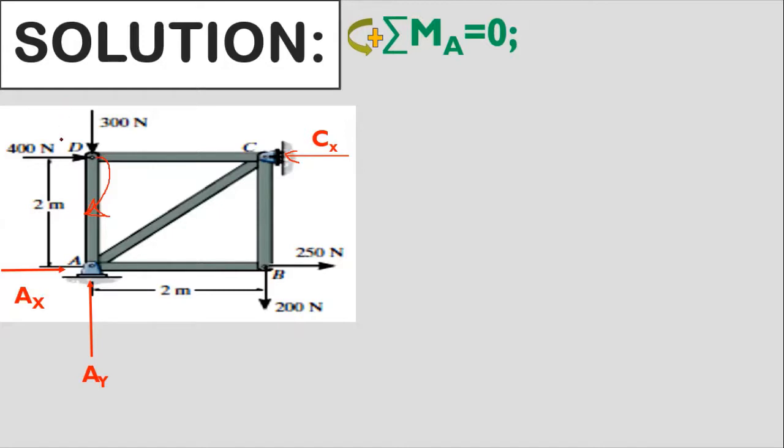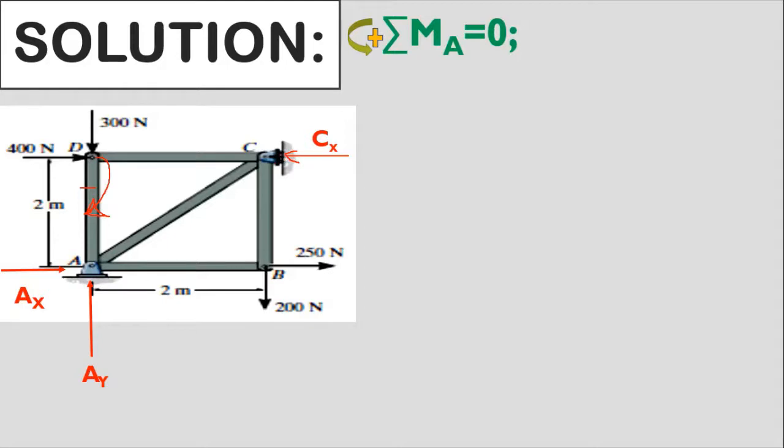But in questions with different lengths, it will get you in trouble and your answers will go wrong. So you have to multiply 400 Newton by 2 meter, and this should be -1 because it is opposite to anti-clockwise. It is the clockwise direction, so it will be negative.